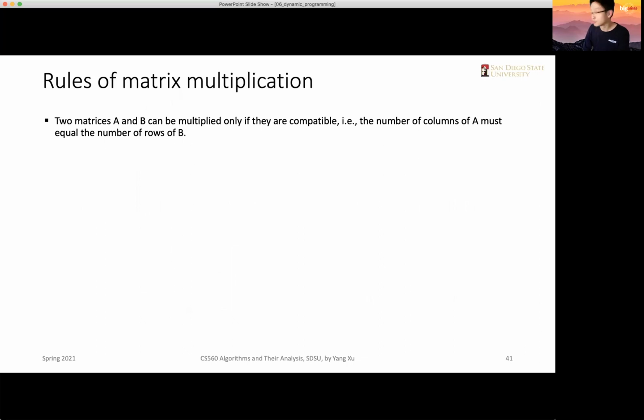So we need to use the rules of matrix multiplication. If we have two matrices A and B multiplying together, we need to satisfy that they are compatible, right? The compatibility condition says that the number of columns of A must equal the number of rows in B. Remember this principle we use when we define matrix multiplication.